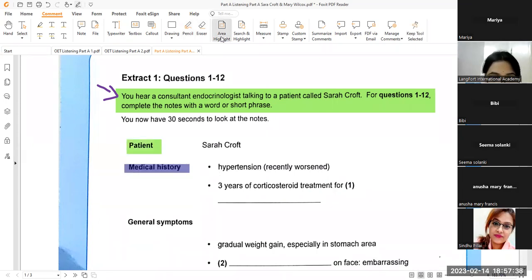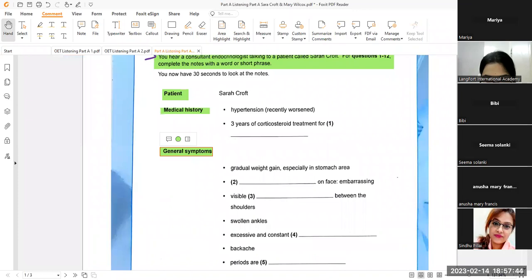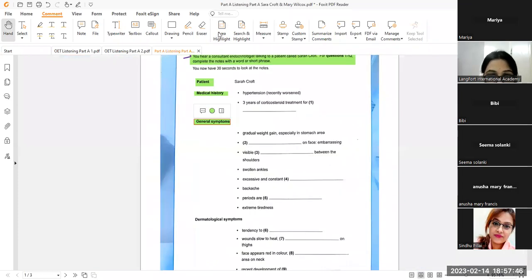Just look at the headings. All the headings. Here we go. We have other 2 headings as well. Just the heading, nothing more, nothing less.